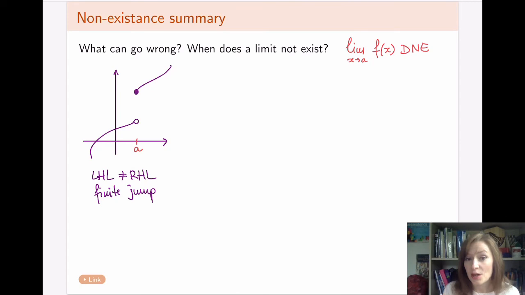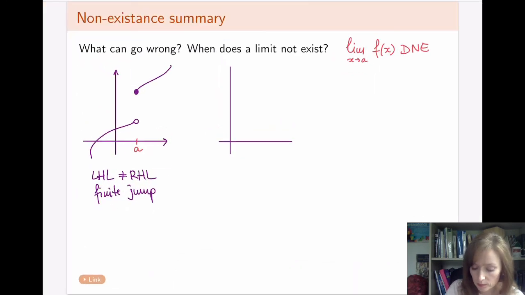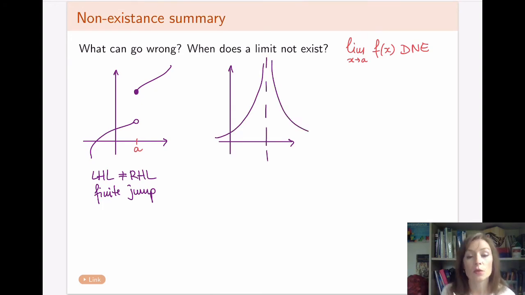If there's a finite jump, we can talk about an infinite jump as well. So this is the second case. The infinite jump would usually be in the form of some kind of asymptote. We will discuss asymptotes in much more detail next time and actually describe them in terms of limits.